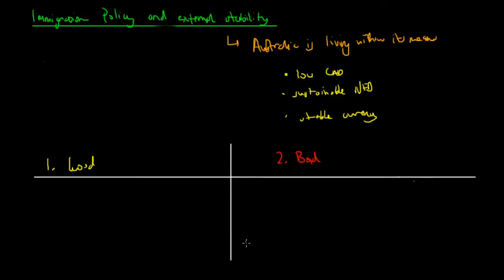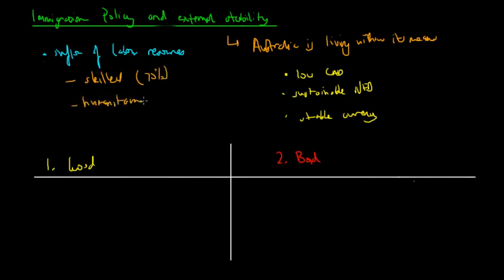So again, this requires a lot of discretionary judgment as to whether immigration policy can improve external stability. To remind ourselves what immigration policy is, it is the inflow of labour resources from overseas. And this can be in the form of skilled, which makes up the majority of it, humanitarian, as well as family labour.